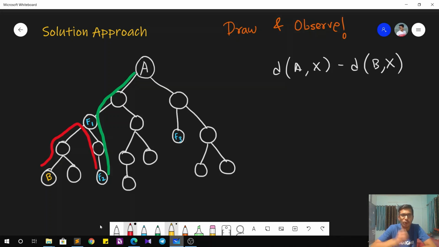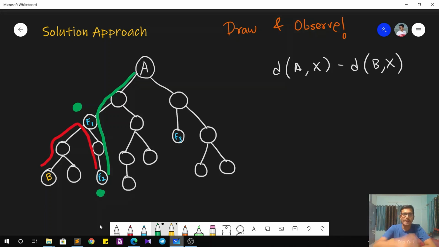If you observe in this diagram, the path which is common in both of them is from F1 to F2, or to put it in better words, from this green node to this F2 node. So what is this F1 node? Why is that node so special?